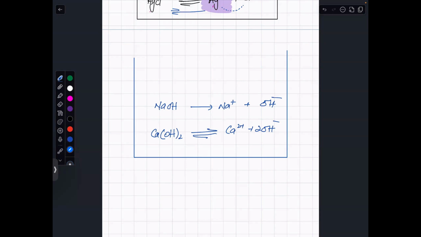See, the OH negative concentration is increased because of the NaOH. The collision would be more, and the equilibrium shifts to the left-hand side.